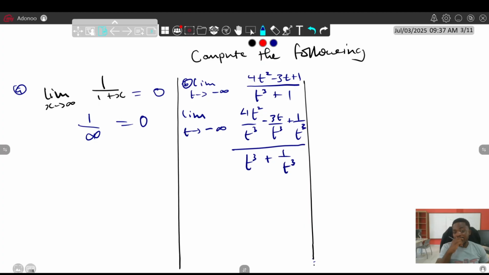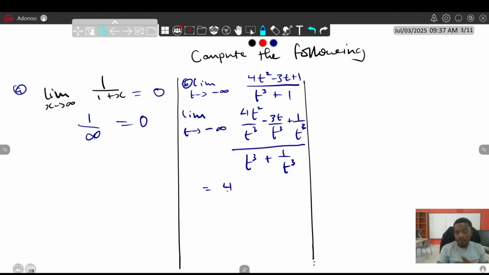Right? So here, clearly we can see that as t approaches negative infinity, the t cubed moves to negative infinity quickly. Before that, let's just simplify the fractions first.